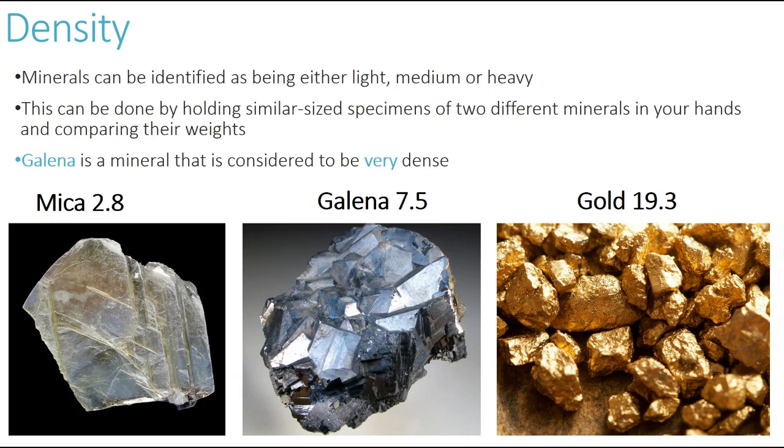Galena, for example, is considered to be very dense, and you would have noticed when you picked galena up in the classroom that it is quite heavy in comparison to, say, mica. Gold is actually almost 3 times as dense as galena, and this really helps to deposit gold in placer deposits, which we'll talk about later, due to its high density.